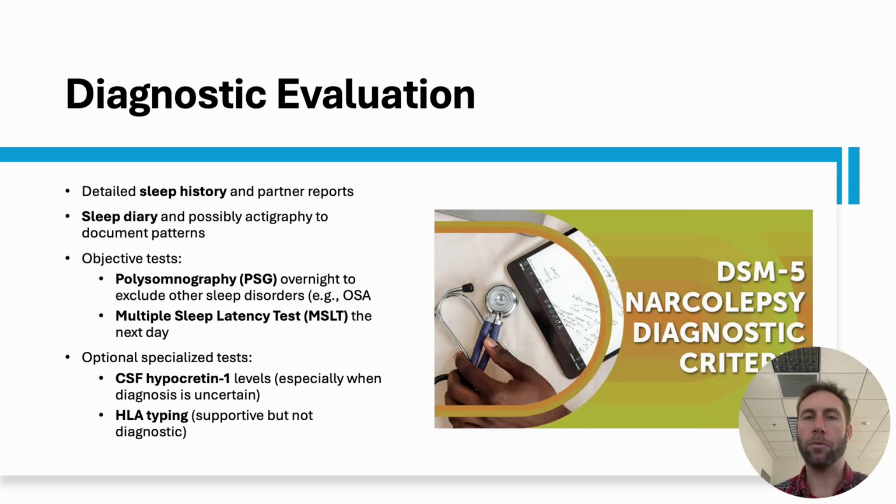Patients usually complete a sleep diary and will follow with an overnight polysomnogram to rule out other causes like sleep apnea. The next day, we'll perform a multiple sleep latency test. And in selected cases, we may measure CSF hypocretin or look at HLA status, that's the allele that we talked about earlier.